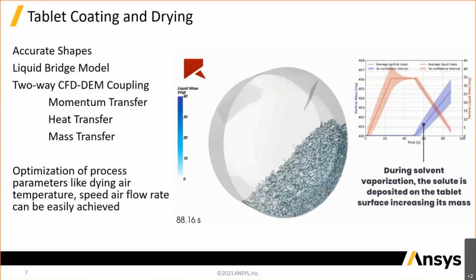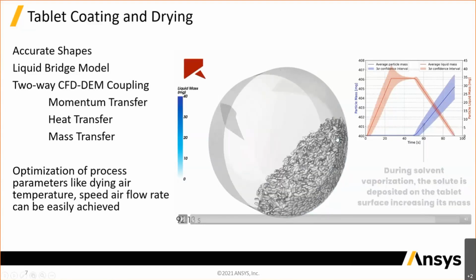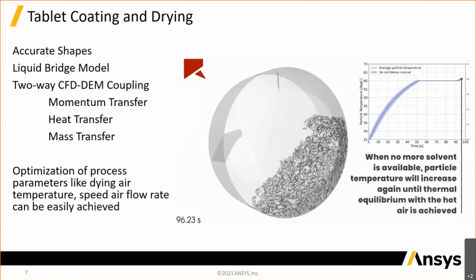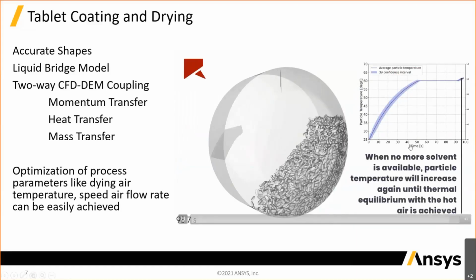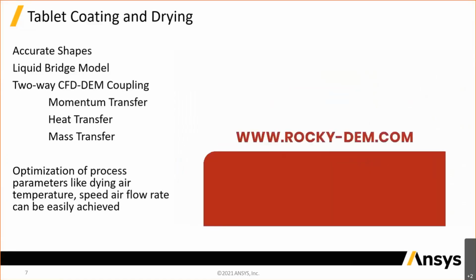And we will only remain with some mass in the particles, that is the solute mass. So when there's no more solvent, the particle's temperature will increase again. So this type of simulation can be used to do optimization analysis, to evaluate different process parameters like the drying air temperature, the airflow rate, and everything else like the batch load can be changed as well.